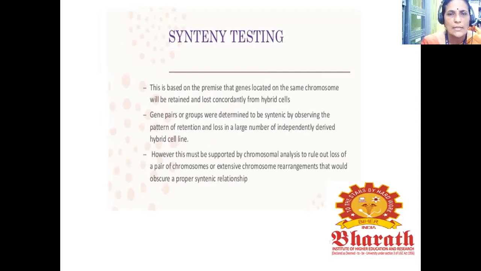Next is synteny testing. This test is based on the premise that genes located on the same chromosome will be retained and lost concordantly from hybrid cells. Gene pairs or groups are determined to be syntenic by observing the pattern of retention and loss in a large number of independently derived hybrid cell lines.